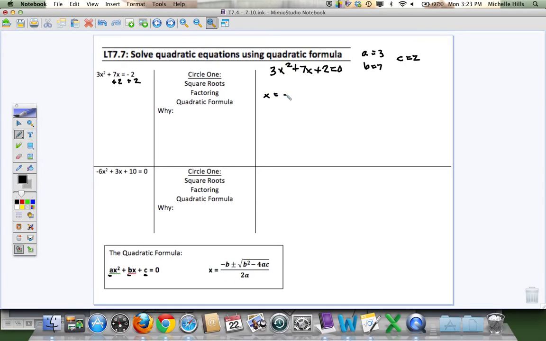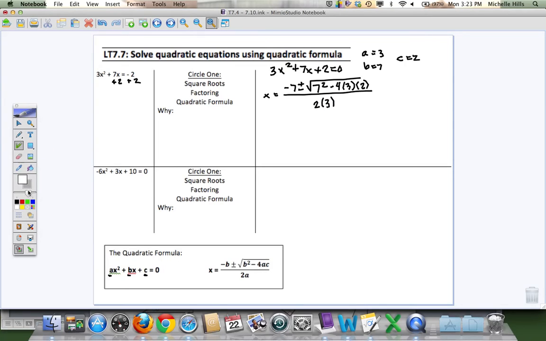So x equals, big long fraction bar, the opposite of b. So the opposite of positive 7 is negative 7, plus or minus the square root of, it says to take b and square it, so 7 squared, minus 4 times a times c becomes minus 4 times 3 times 2, and then this whole thing is over 2 times a, so 2 times 3.